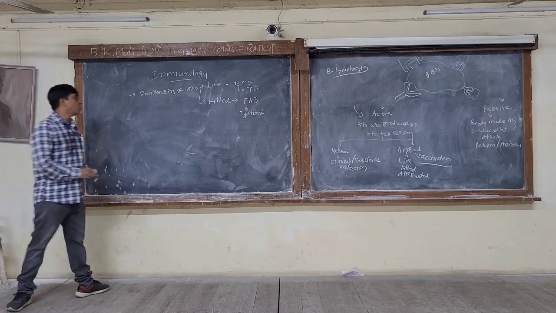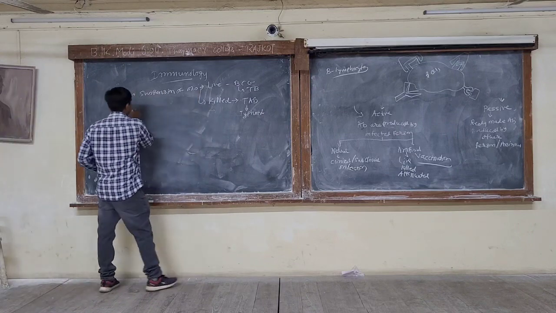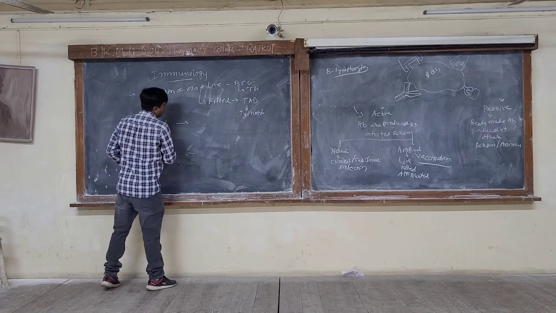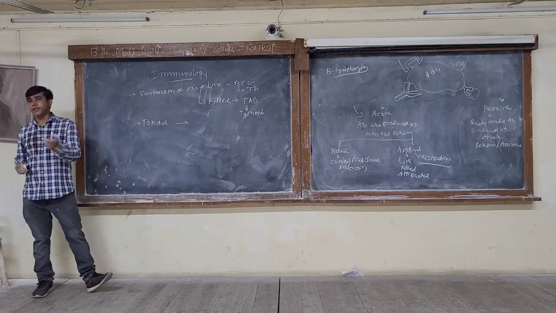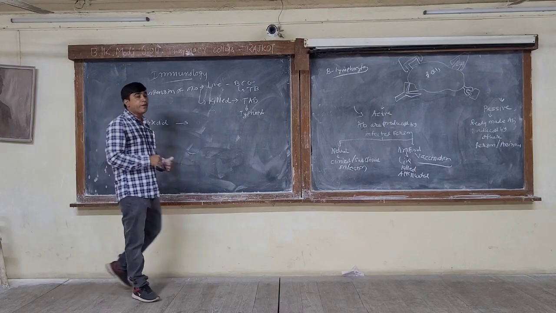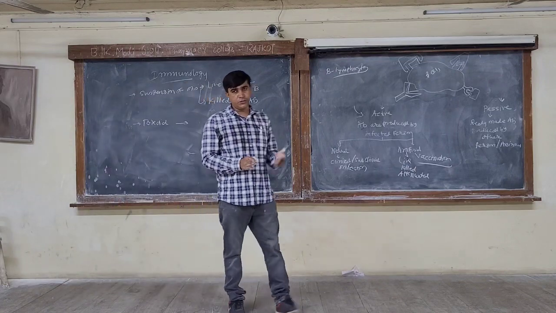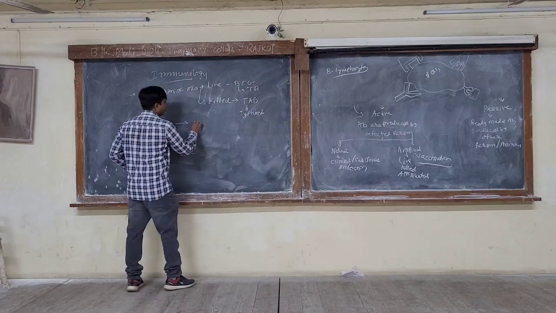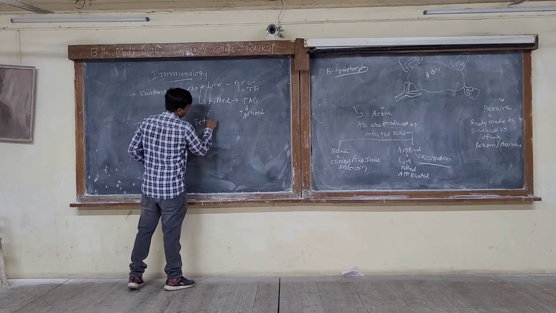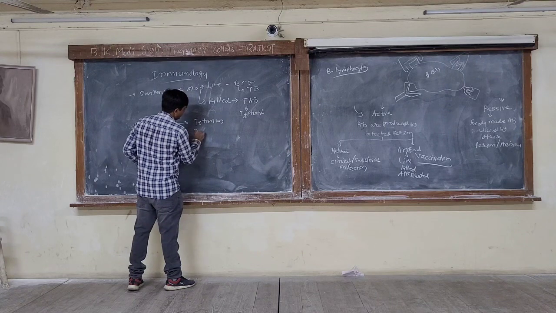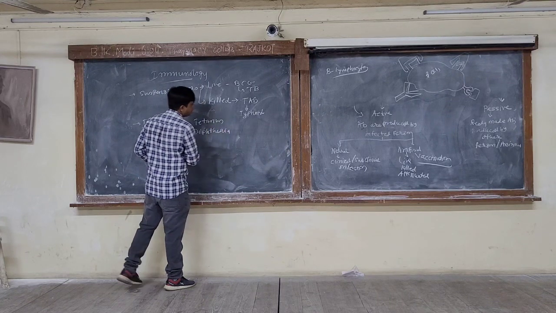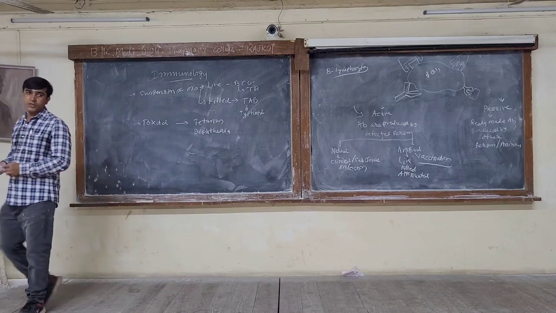Another type can be a toxoid, that is, the toxins are neutralized and then injected to the person. Here we are injecting exotoxins which are neutralized by some treatment. The examples of toxoids are tetanus toxoid and diphtheria toxoid. These are two toxoids.